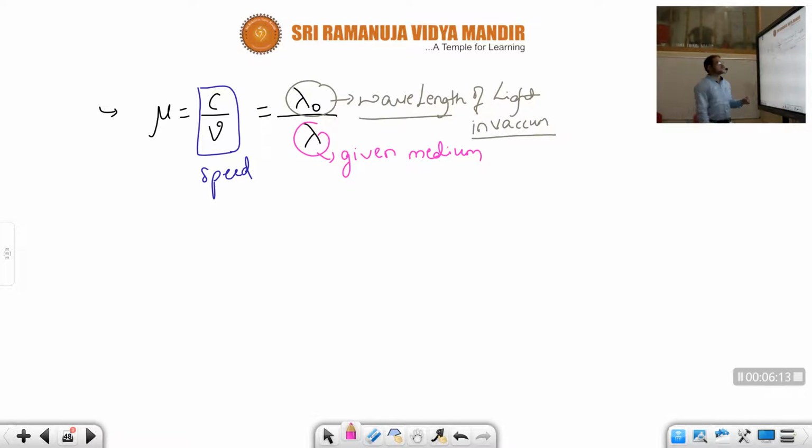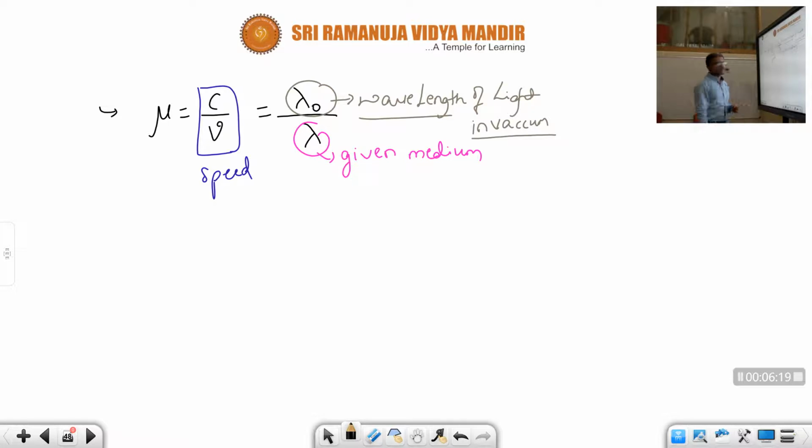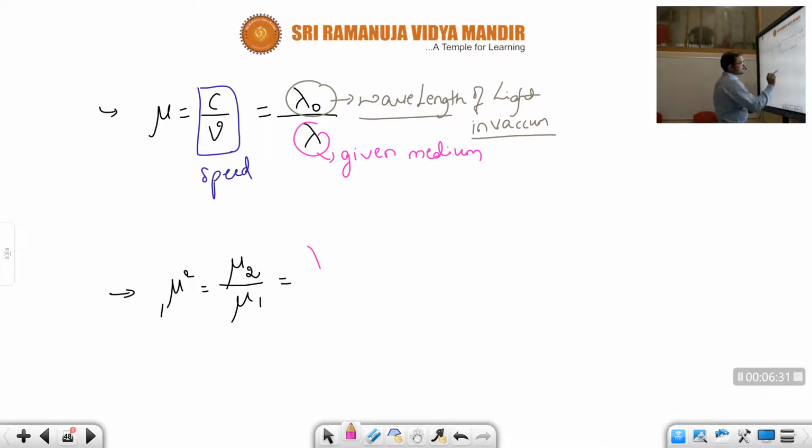Okay, children. So while we are writing the relative refractive index, mu21, which is equal to mu2 by mu1, instead of mu2 we can write lambda 2, and instead of mu1 we can write lambda 1.